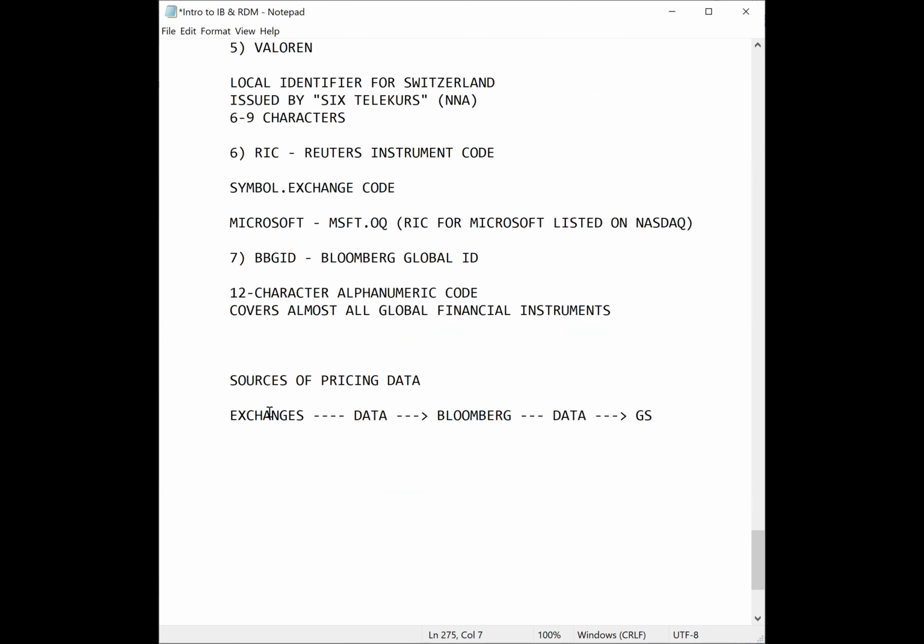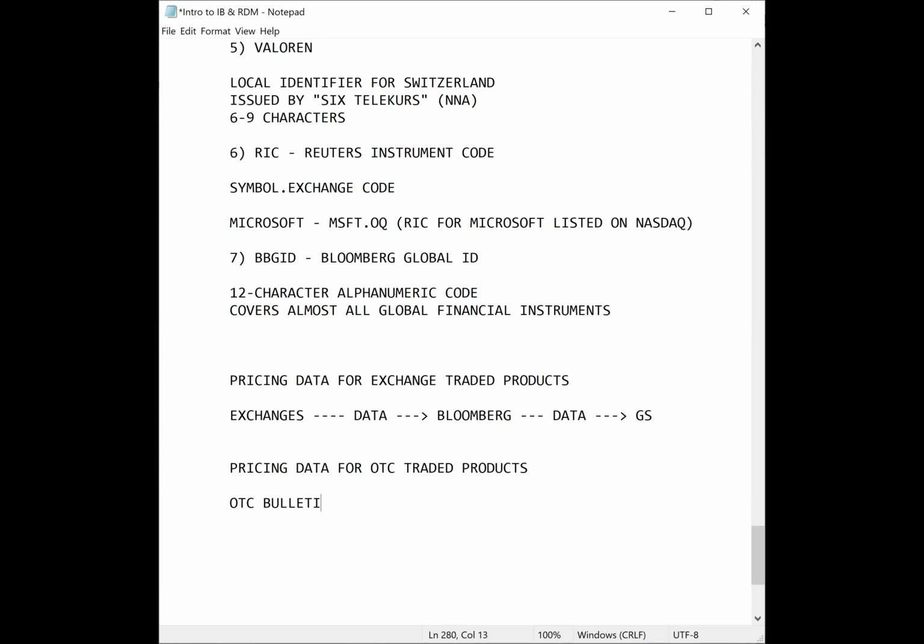These are more for exchange traded products, but for pricing data of OTC products, see guys, you have the OTC bulletin board.